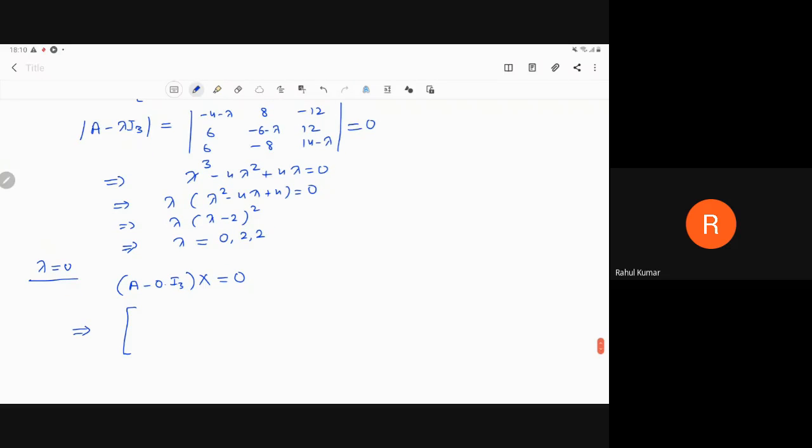So it is -4, 8, -12, 6, -6, 12, 6, -8, 14. After this, it is important to see how we get the infinite solutions from it.